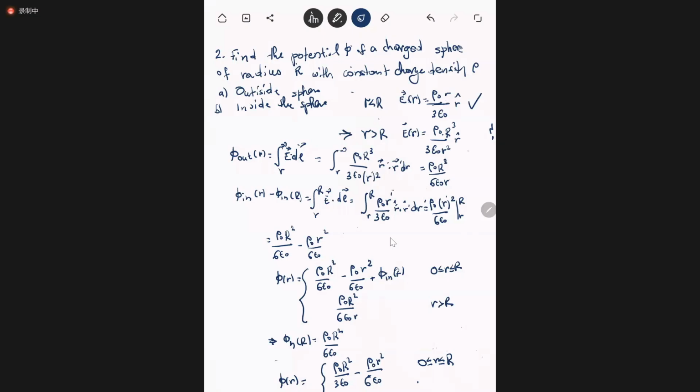I hope so. Can anybody verify that this is what we found? So when small r is smaller than capital R, that's the expression for E, and when r is bigger than capital R, that's the expression for E.